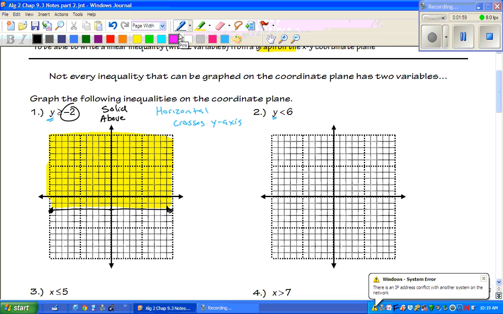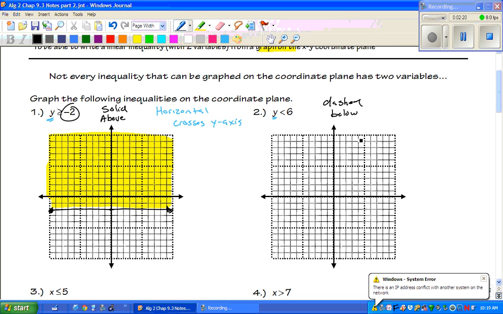All right. For y is less than 6, first off, this is going to be a dotted line. I believe we said that it was dashed. And are we going to shade above or below? Well, we're going to shade below.